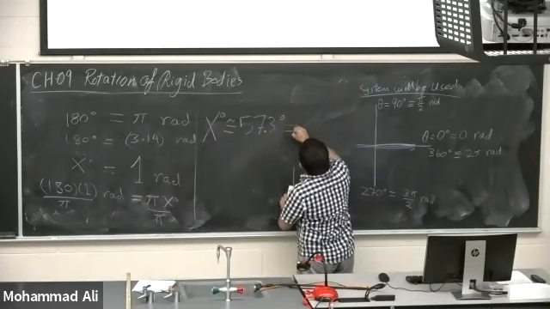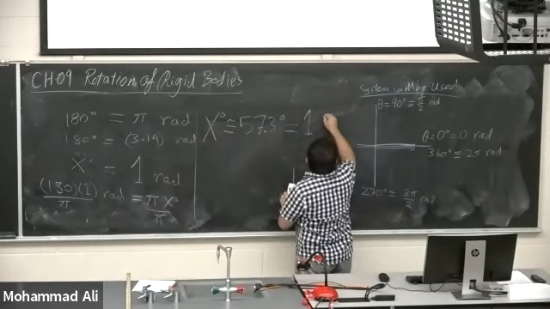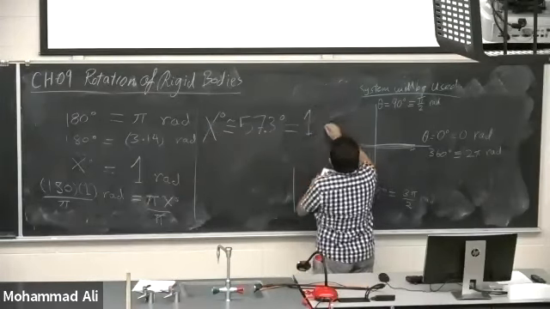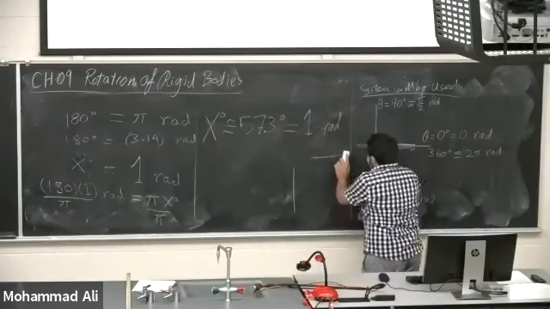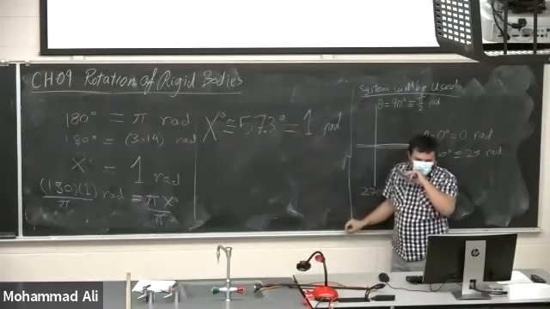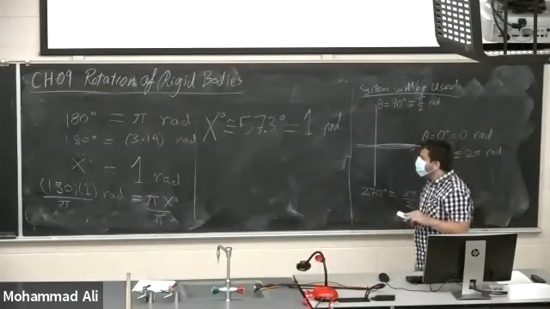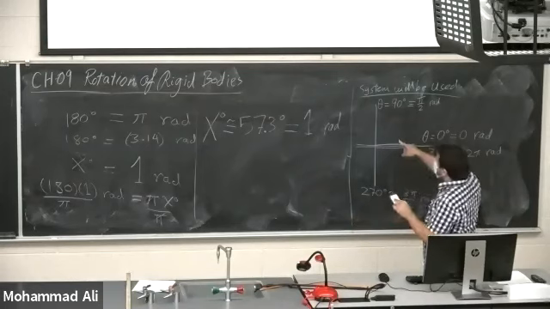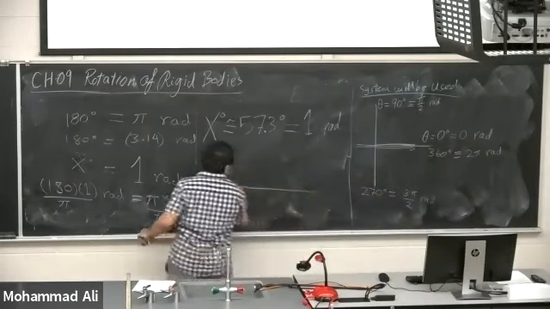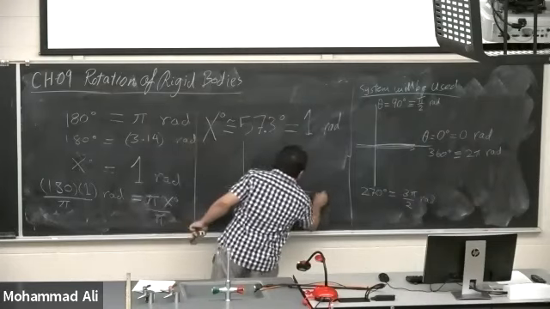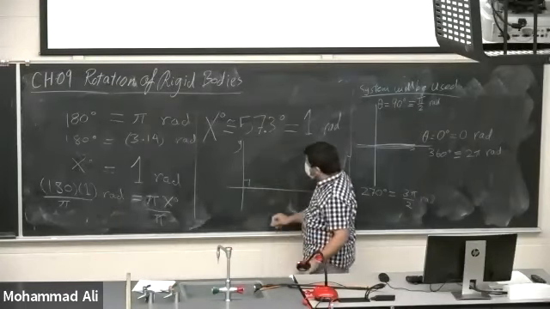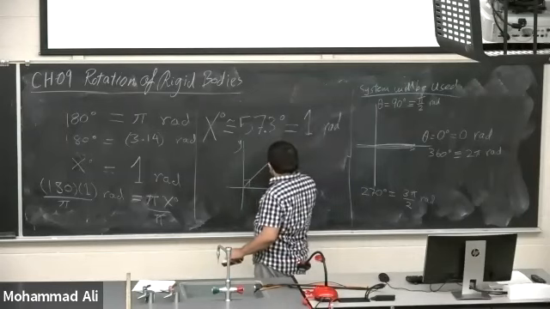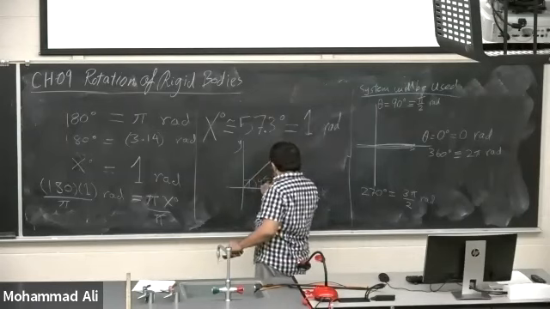So this is equal to 1 radian. On the xy plane, this is x, this is y, this is 90 degrees. The half of this angle is 45.